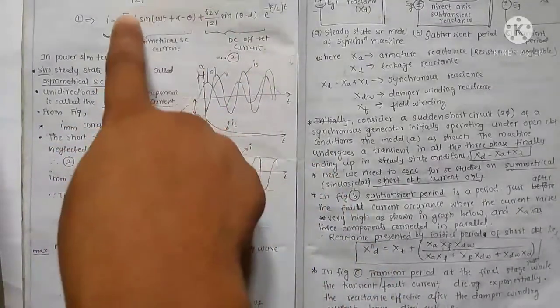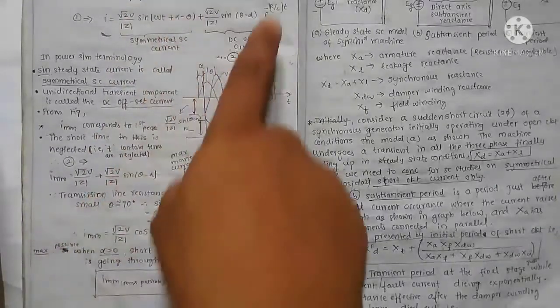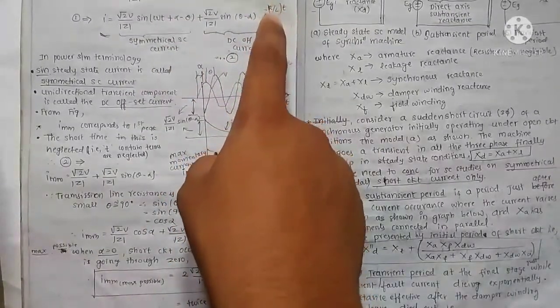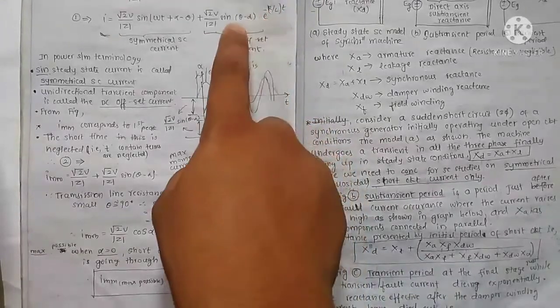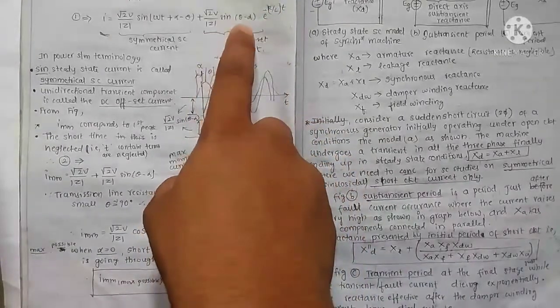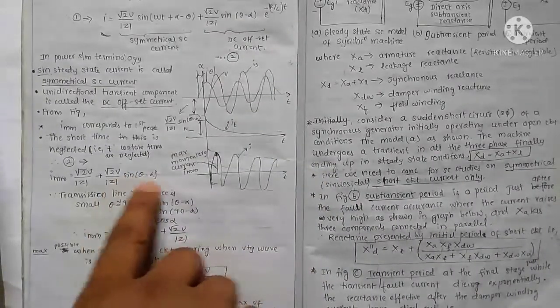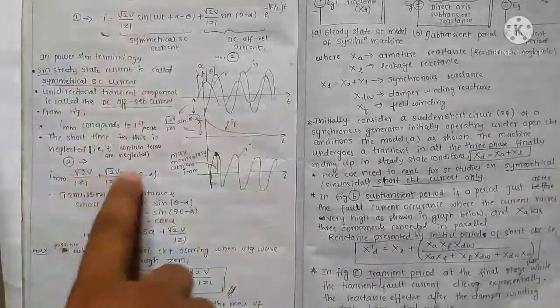Since it contains t terms, we will eliminate this, and this also contains t, right? e raised to 0 becomes 1, and finally we'll get sin(theta minus alpha), as it is.